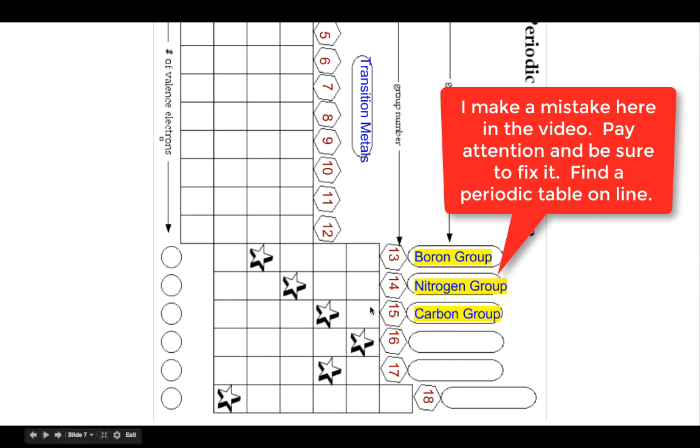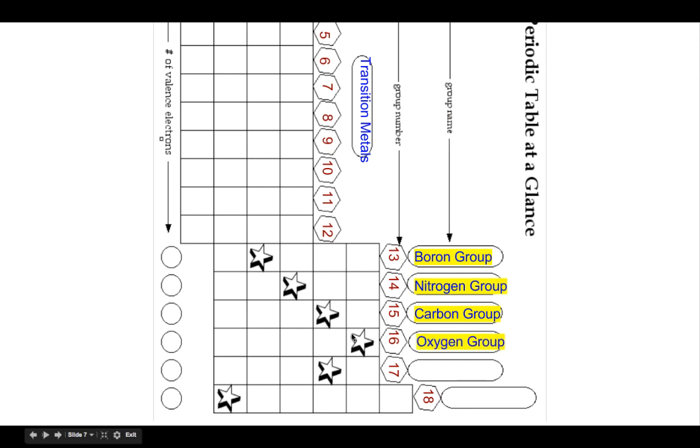And right here is carbon, and right here is oxygen. You can ignore the stars for right now. They're meaningless at this point. But anyway, the last 2 groups are the halogens, and many people know the last group is the noble gases. So now you have all the group names.